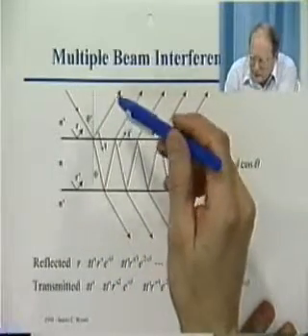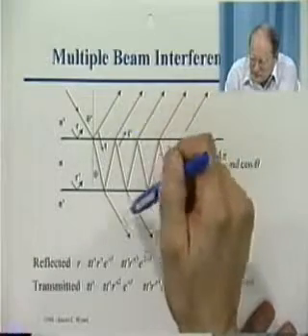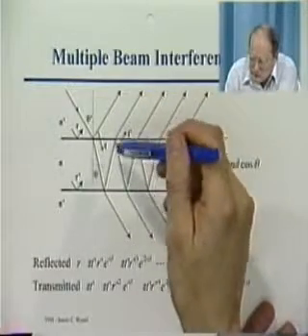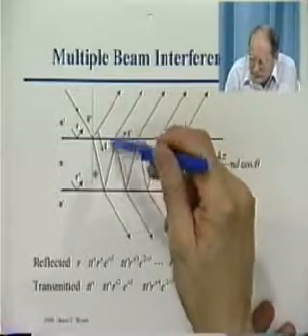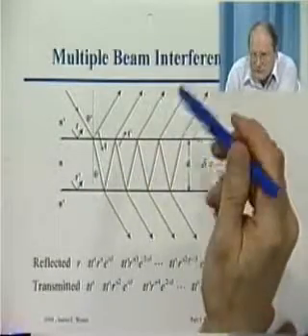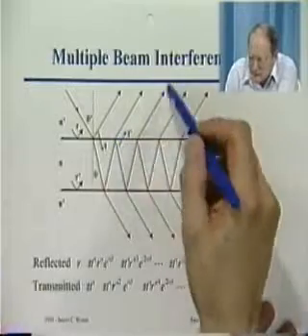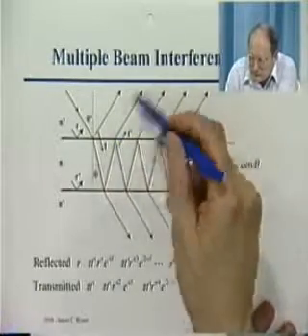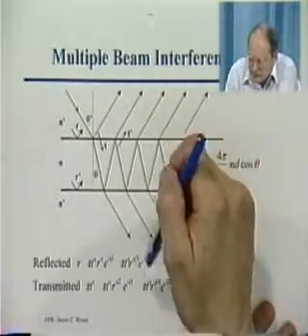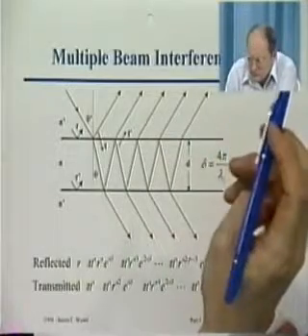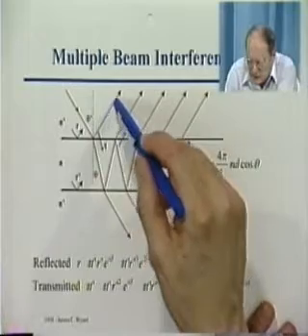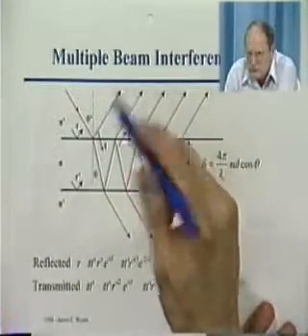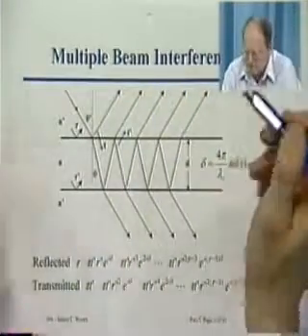But what we want to do now is not just to account for these two beams, but especially if we have a higher reflectivity here, we'll have other beams reflecting back and forth. And we're going to get many beams coming out, both in reflection and in transmission. And in fact, we'll soon take the limit that the number of beams in reflection or in transmission is infinite. Okay?